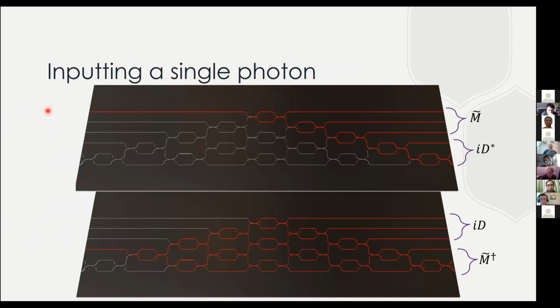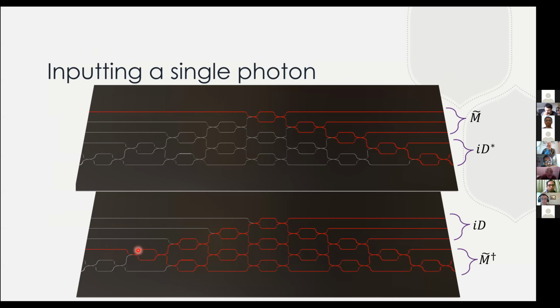So we can input into our 6-mode Rex scheme, which I've got a diagram of here, a photon into the top subsystem, or a photon into the bottom subsystem. In both cases, I've just said it goes into mode 1 of the forward system and reverse system. From that, it implements the transformation M on the top 3 modes and ID star on the bottom 3 modes, if you input a photon into the top subsystem.